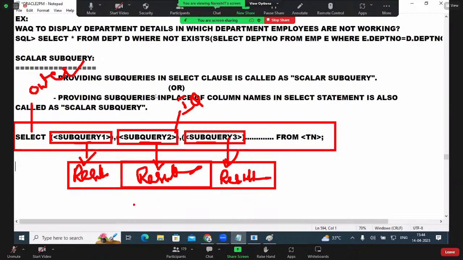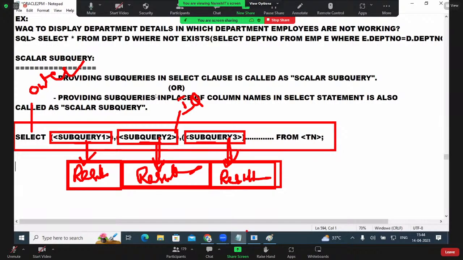Now see, first subquery result shows as column data. Second result, one more column. Third result, one more column. So each and every scalar subquery result will act as one of the columns. Just as we said for inline view, the result of the inner query acts as a table for the outer query, the same here: the result of a scalar subquery will act as a column for the outer query. Outer query means which one? This one. Add that point also.